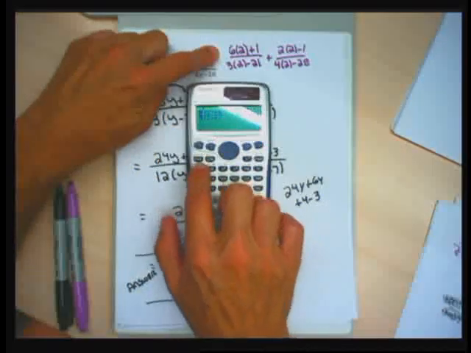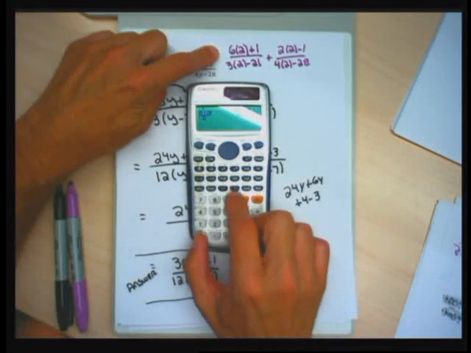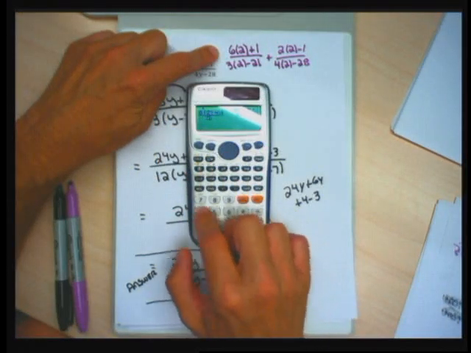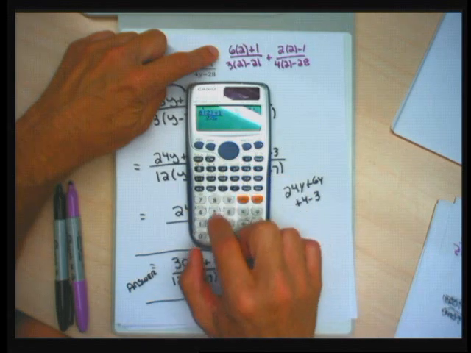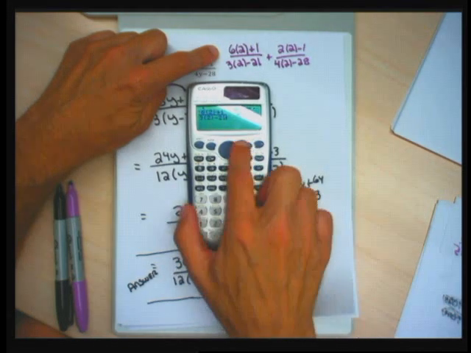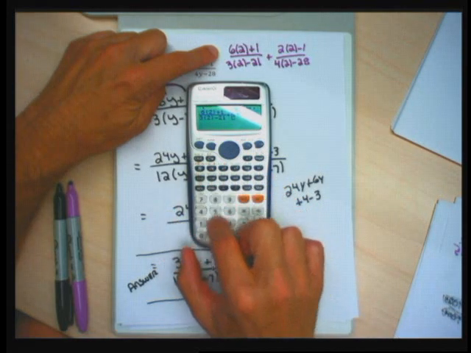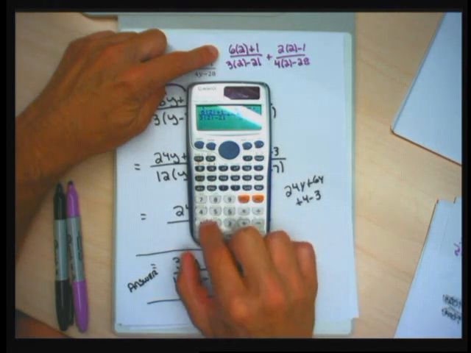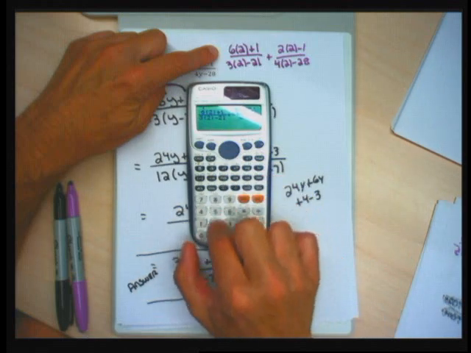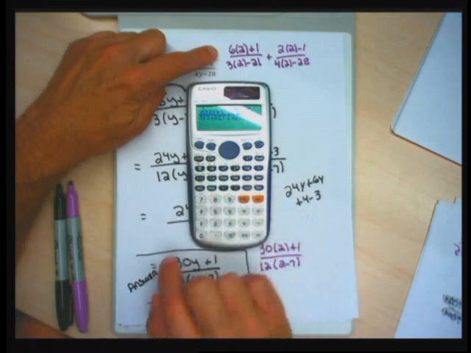So checking the original problem, 6 times 2 plus 1 over 3 times 2 minus 21 plus fraction 2 times 2 minus 1 over 4 times 2 minus 28.